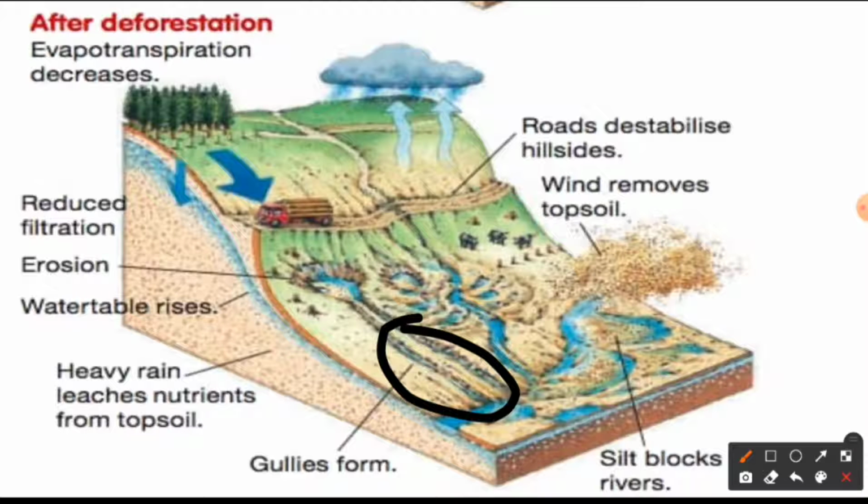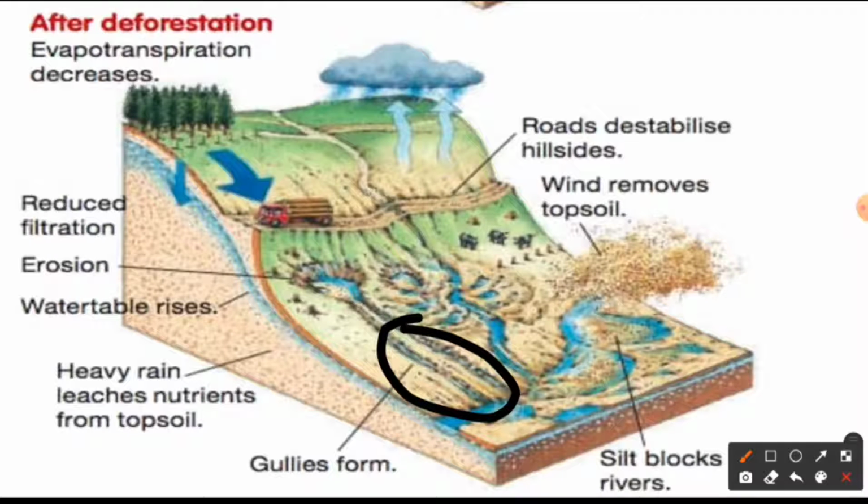In the Chambal basin, such lands are called ravines. Sometimes water flows as a sheet over large areas down a slope. In such cases, the topsoil is washed away, and this is known as sheet erosion. So, there are two types of erosion: gully erosion and sheet erosion.